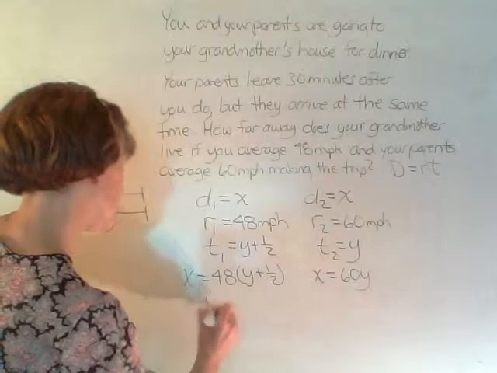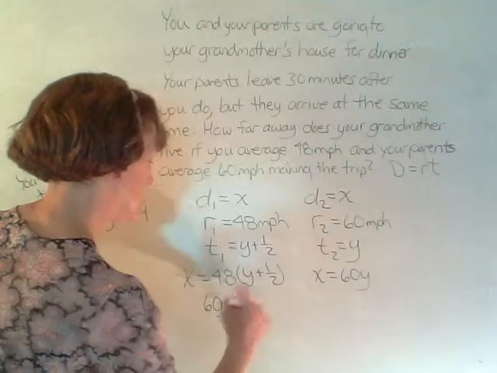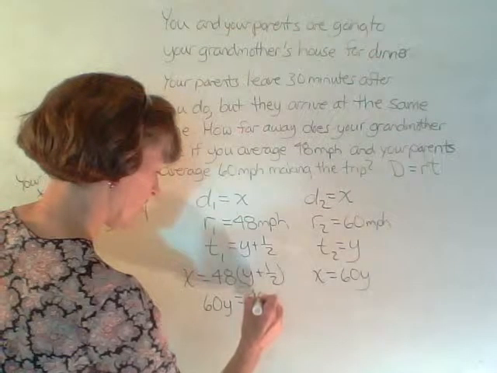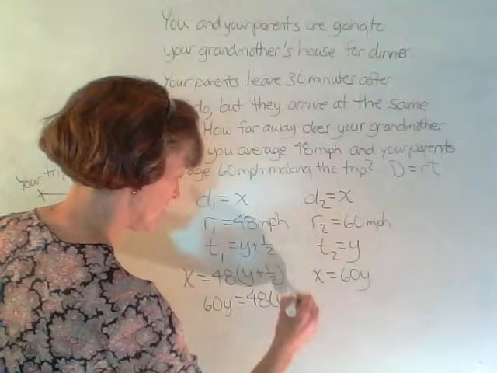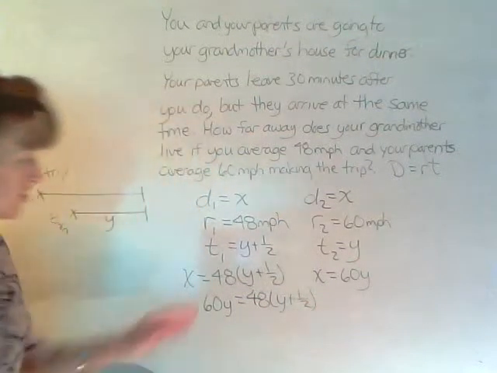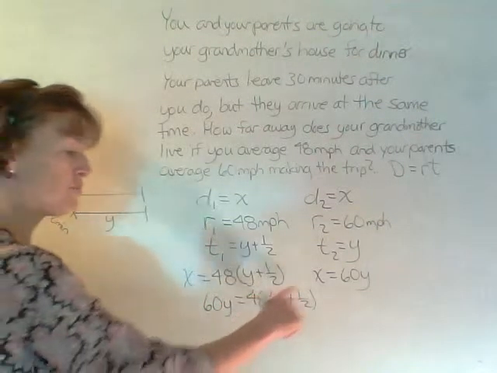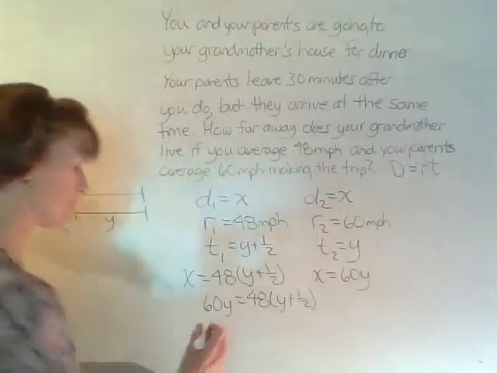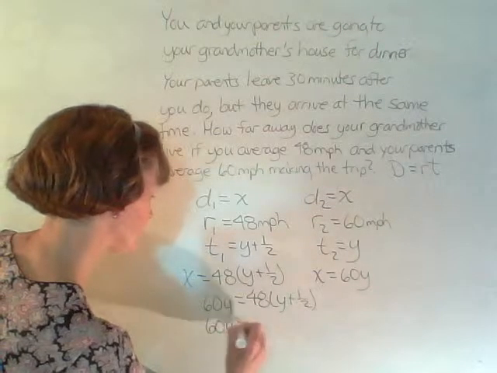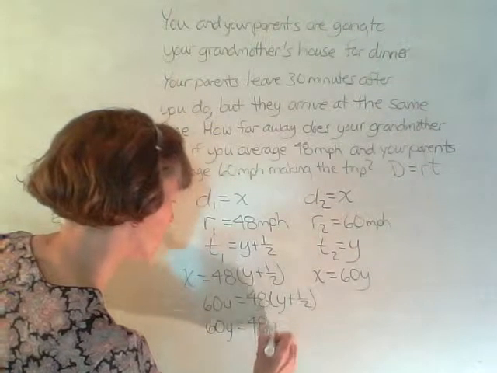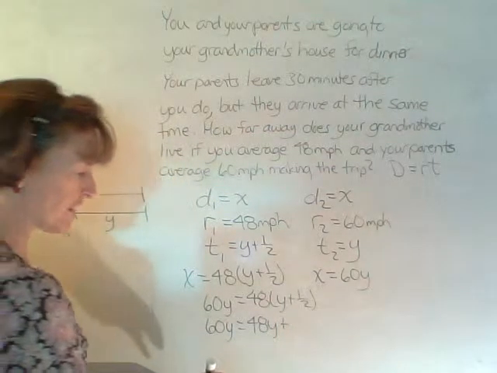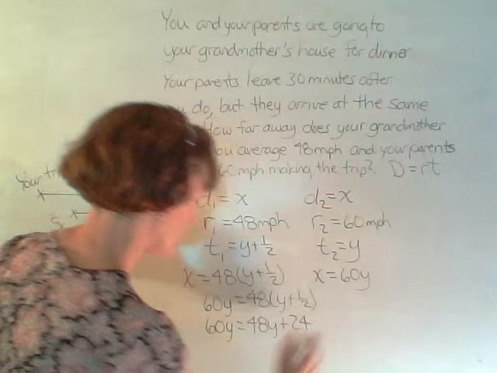So I have 60y equals 48 times y plus 1/2. What we're going to do now to solve our one equation with one unknown is use our distributive property and distribute that 48. So 60y equals 48y plus, and half of 48 is 24.